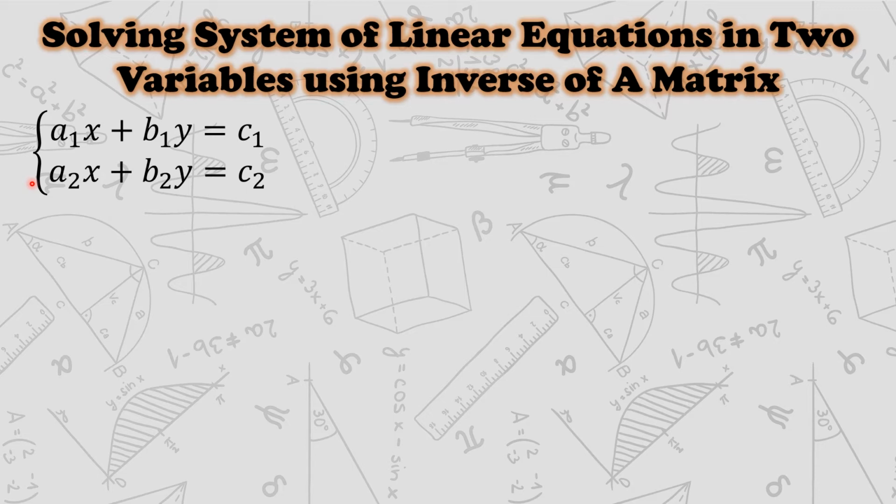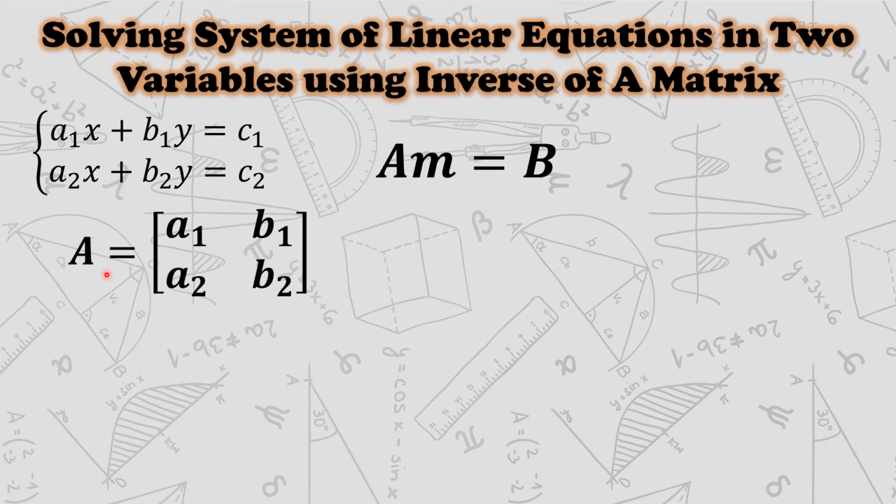To find the solution to this system using the inverse of a matrix, we follow the equation AM is equal to B, or A times M is equal to B, where A is the coefficient matrix, a sub 1, a sub 2 on the first column, b sub 1, b sub 2 on the second column.